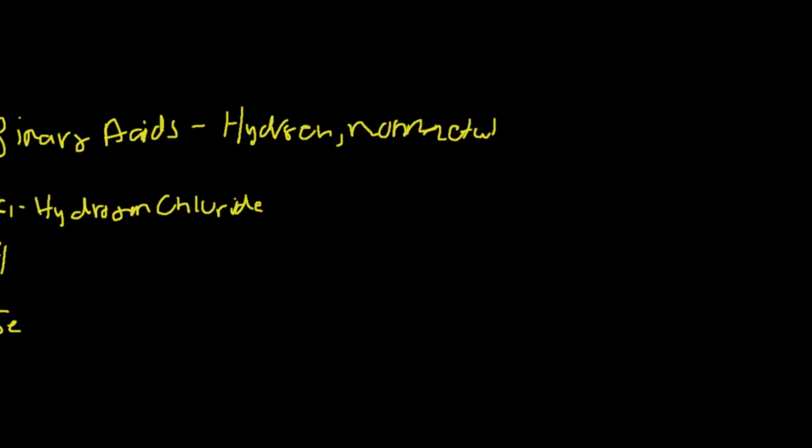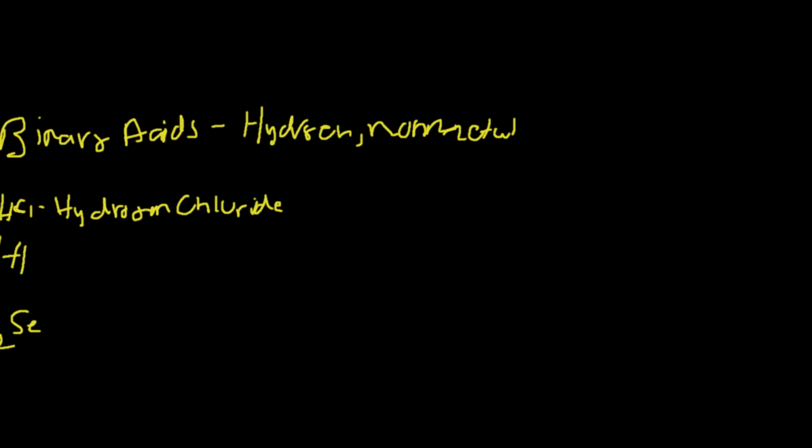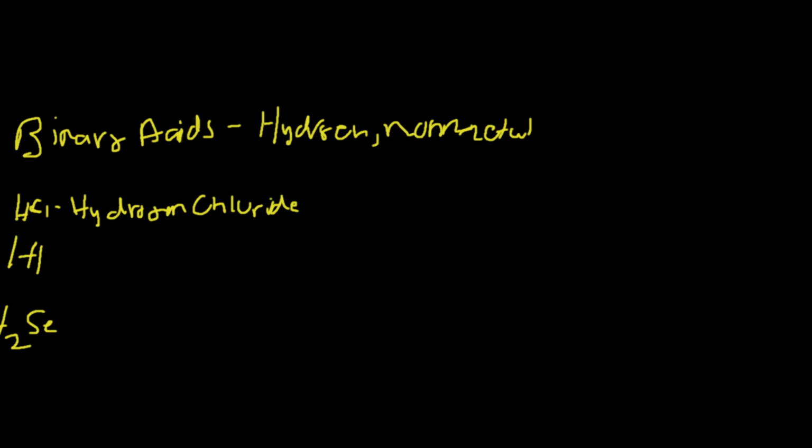Acids have to become aqueous solutions, and the easiest way for anything to become aqueous is to react with water. So if we have water, remember, water is just H2O, plus hydrogen chloride, we're going to have HCl form.